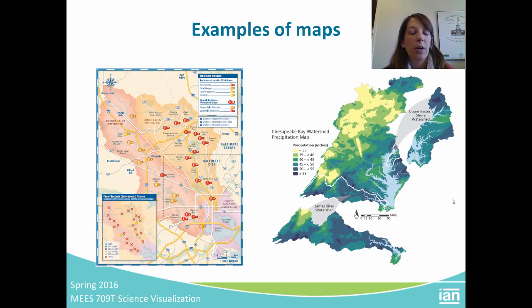Another example from Baltimore is this report card map that they made of the watershed. I like that it's providing this really unique look, with the north arrow being different and the edging being different. The roads are really nice. I think that it's a little busy with all the grades for each individual sampling point.